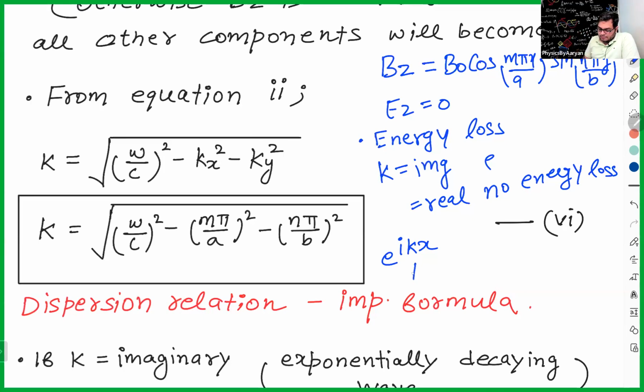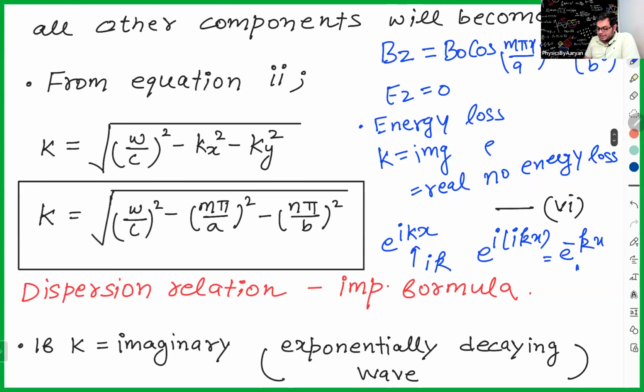But if this k becomes imaginary, let's say iota k, then you get iota into iota k into x, which is basically e raised to minus kx, because iota square is minus one. Now this is exponential decay. So as long as your k is real, your wave is oscillating from one point to another, with no energy loss.